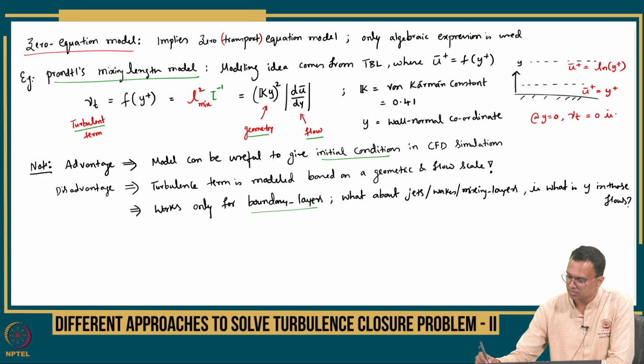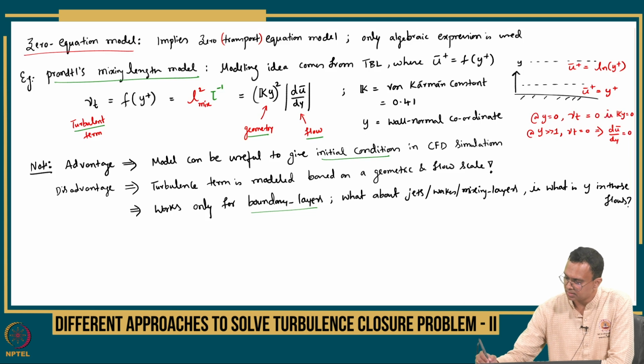Nu t is essentially 0 here because your kappa y is 0, right? So at y very large, far away from the wall, how will nu t be 0? Exactly, nu t is still 0. That's because your gradient goes to 0.